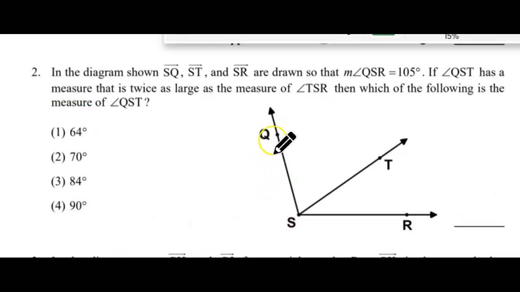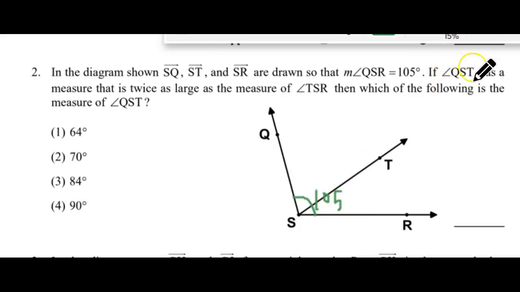So in the diagram, SQ, ST, and ray segment SR are drawn such that the measure of QSR, the whole thing, is 105.